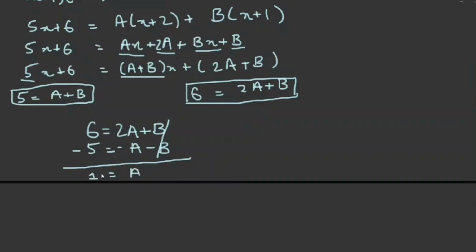So our A is 1, and we can plug this value in either equation and get the value of B. So let's plug it in this one, as this one is simpler. So our value of B is simply 4.